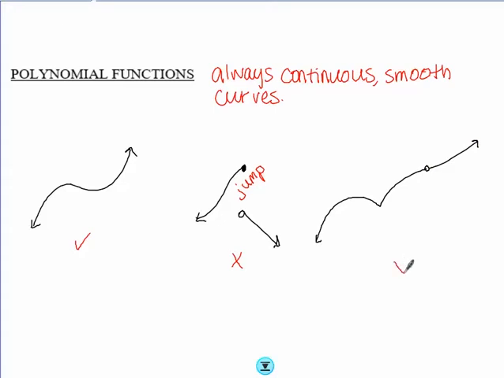This one is also not a polynomial. First, it has a sharp turn. Second, it has a hole. So polynomial functions are always continuous, smooth curves.